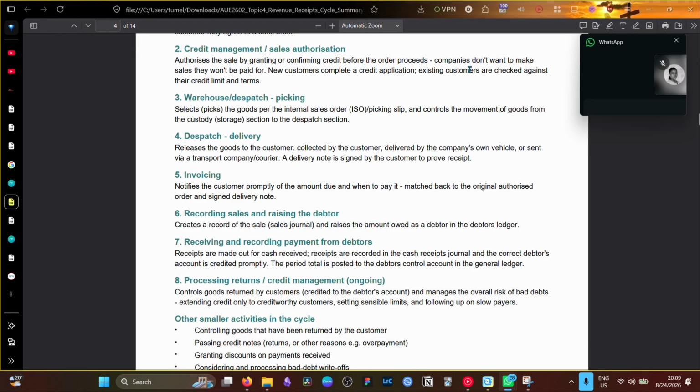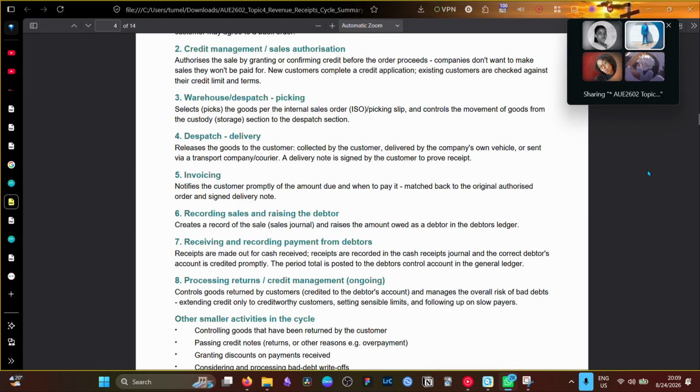I want to ask, so the delivery note is that paper they give you when they deliver items, to prove that we have given you the item? Yes.